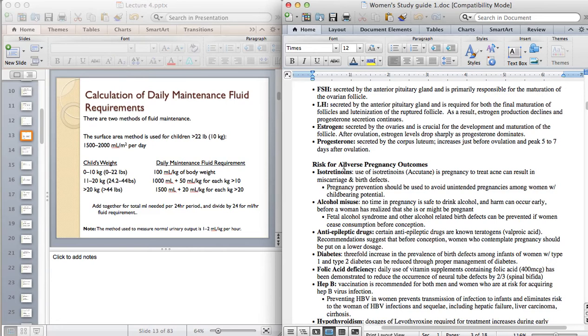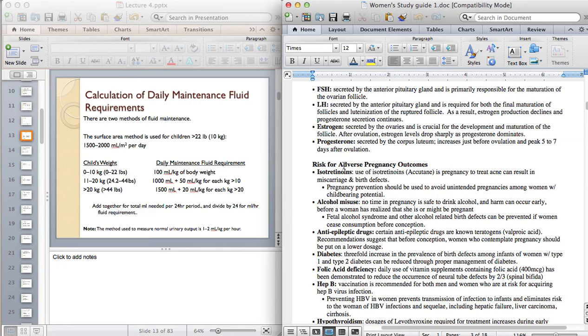And if for any reason that child is over 20 kilograms, the remainder of the excess weight above 20, regardless of whatever it is, you replace at the rate of 20 milliliters per kilogram. You get the calculation, and then you divide it by 24 to get your hourly rate.